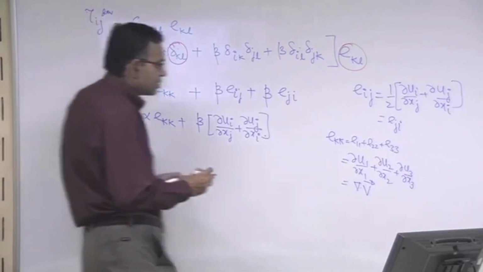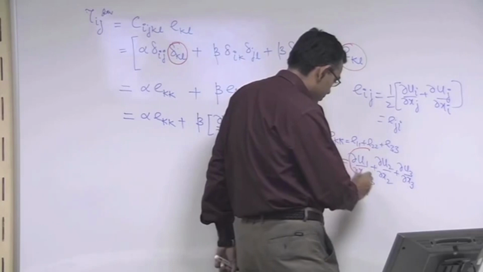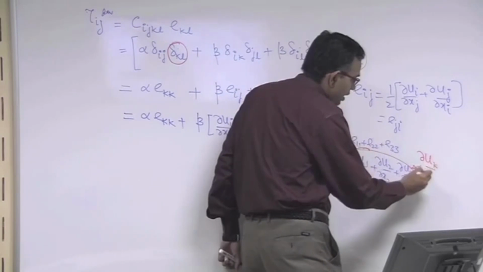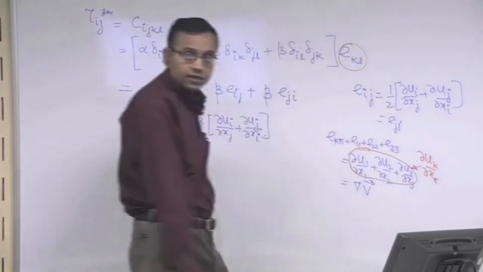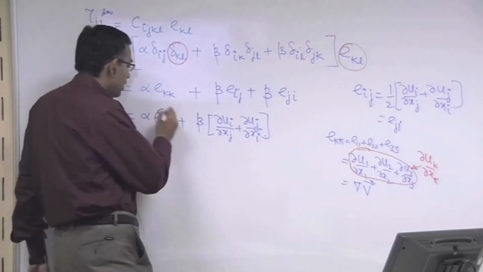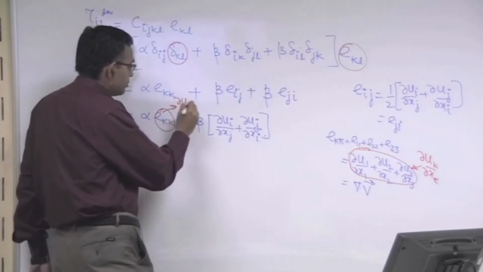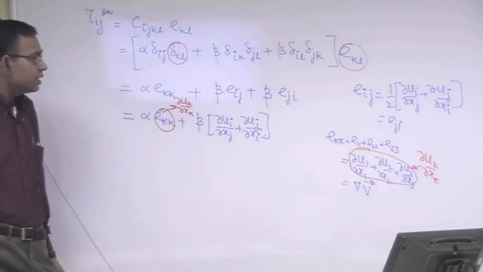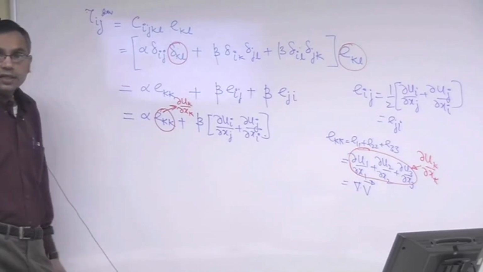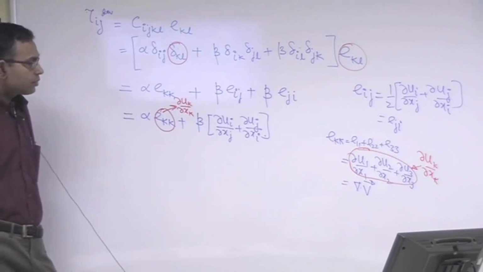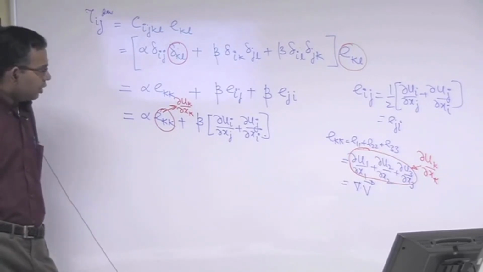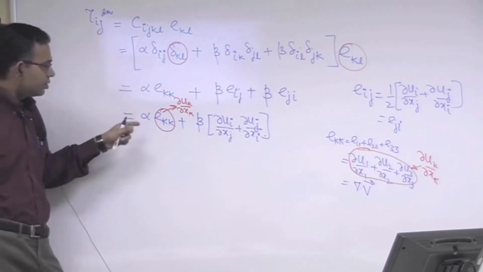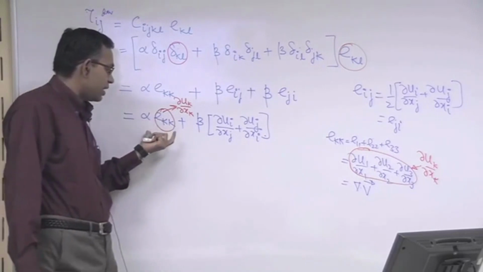So, in the shorthand index notation you can write del u_k del x_k, right. So, E_kk is del u_k del x_k. So, we can relate the deviatoric stress with a term which is the first term and a term which is the second term.